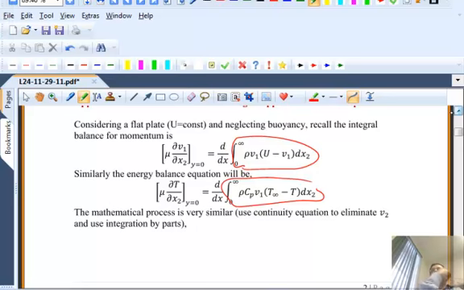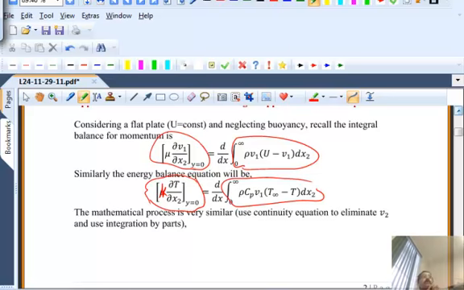Okay, good question. So in the case of a velocity profile, we assume a velocity profile, you get the shear stress, you get the friction factor, right? In this case, because the temperature profile depends on the velocity profile, we need to assume a velocity profile and a temperature profile. But our goal is to predict the heat flux. Just like the shear stress at the wall is our goal for the momentum equation, it's the heat flux, k dT/dy, the heat flux at the wall.